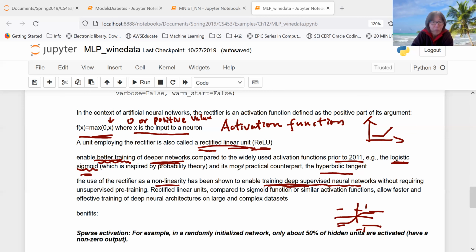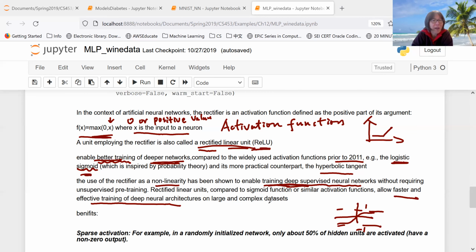Also, its advantages allow faster and more effective training of deeper neural network architectures, on large and complex data sets. So it has a lot of advantages compared with others. So keep this in mind. ReLU.